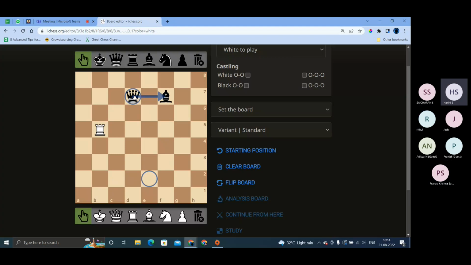Ritul, now tell me, this queen, is it controlling this square right now? Queen is here. Is it controlling e2? Yes or no? No. Why no?